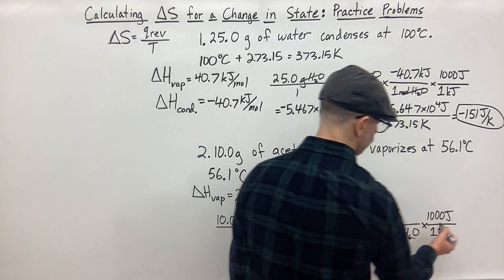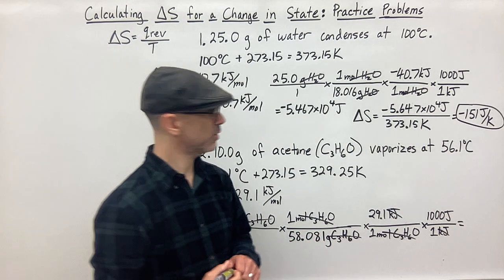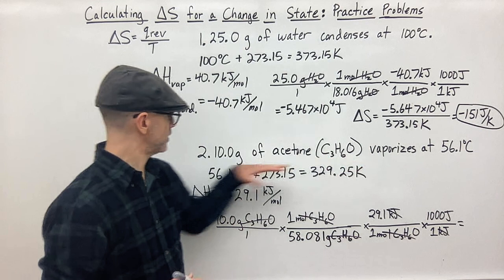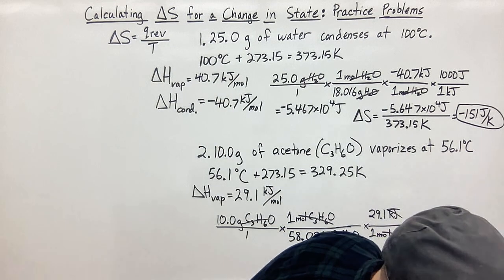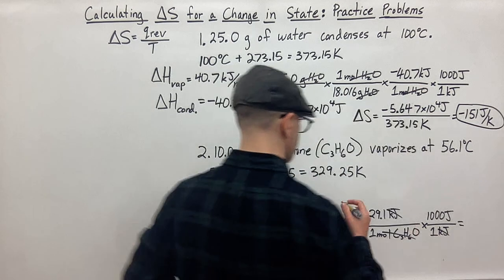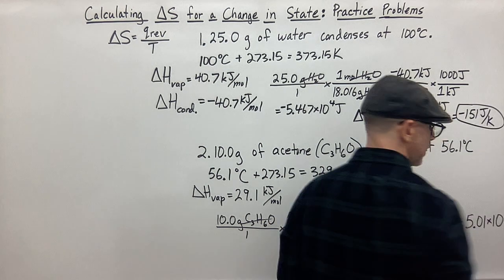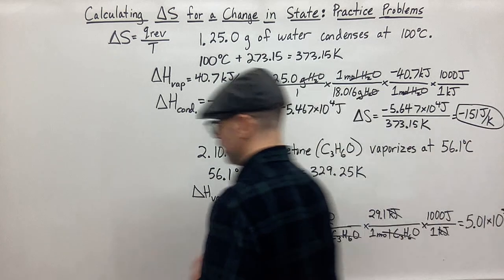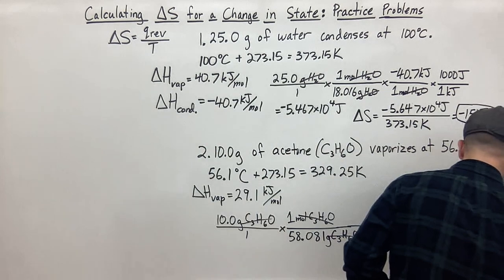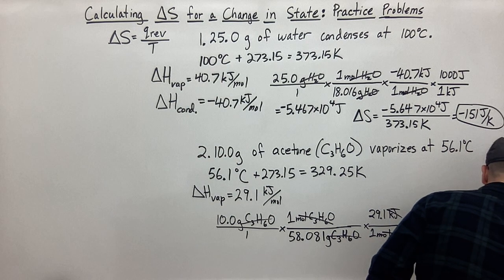So now I have joules. So now I can calculate the amount of joules from this process of vaporizing 10 grams of acetone. And that came out to be 5.01 times 10 to the third joules.